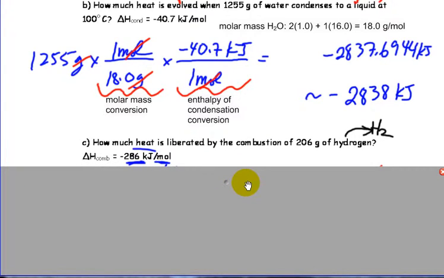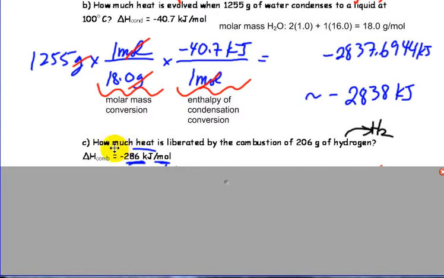How much heat is liberated by the combustion of 206 grams of hydrogen? If you recall, hydrogen is a diatomic element, so it's actually H2. And the enthalpy of combustion here, so this isn't a change in state, it's a chemical reaction. We're combusting hydrogen here.